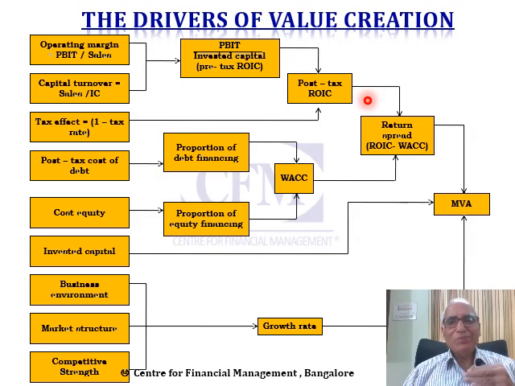We can dive deeper into the determinants of MVA. A chart like this is very helpful in this respect. MVA is a function of growth rate, invested capital, and return spread. Return spread is the difference between post-tax ROIC and weighted average cost of capital. Post-tax ROIC and weighted average cost of capital are the 2 basic determinants. Post-tax ROIC in turn depends on pre-tax ROIC and tax effect, and pre-tax ROIC depends on operating margin and capital turnover.